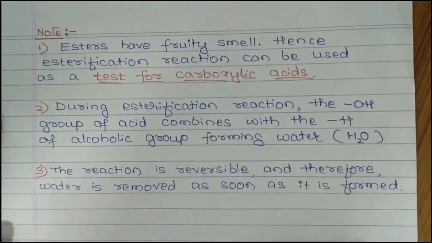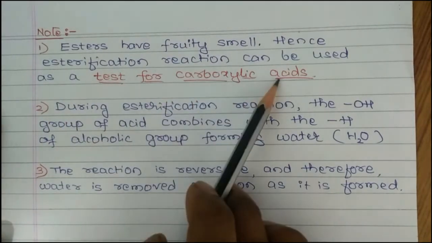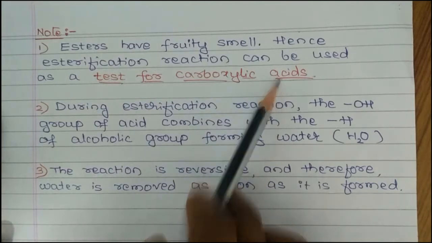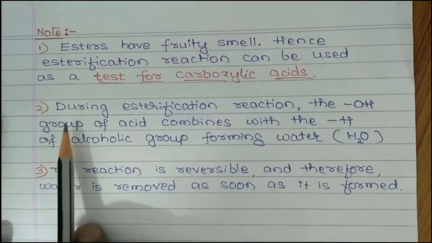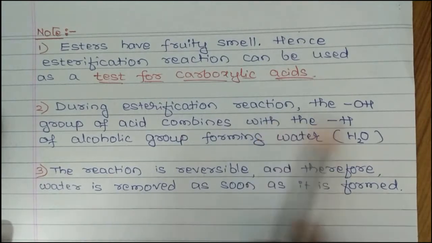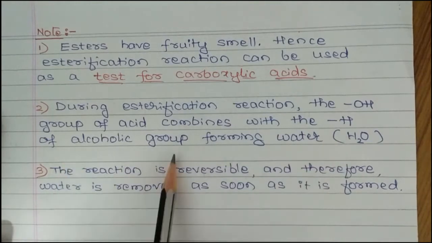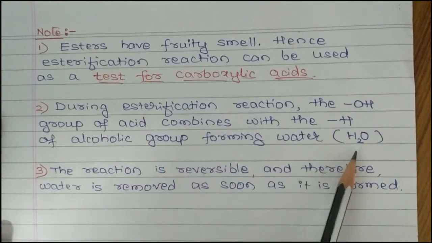Here we have to make a note of this particular reaction. These esters have fruity smell. Hence, esterification reaction can be used as a test for carboxylic acid. Then number 2, during esterification reaction, the OH group of acid combines with the H of alcoholic group forming water.